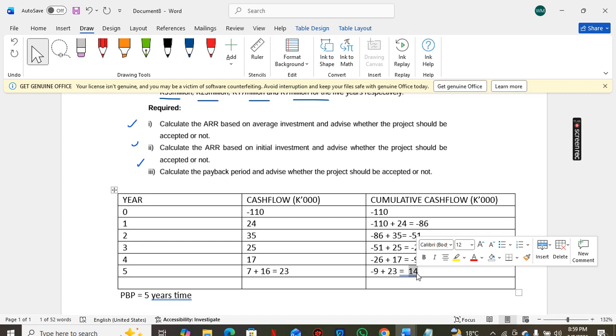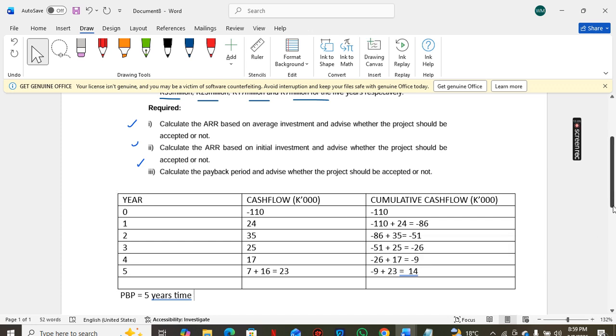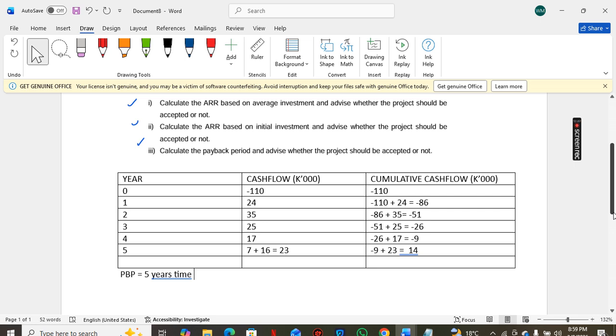Any questions? Papa, in short, can we say we can only start making profit after we reach year 5 to consider going for this investment?